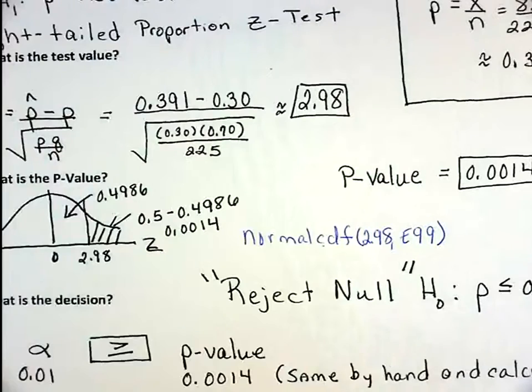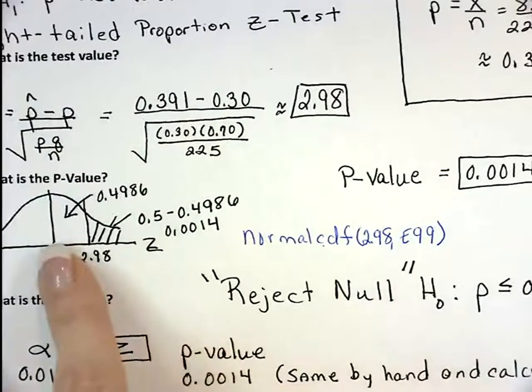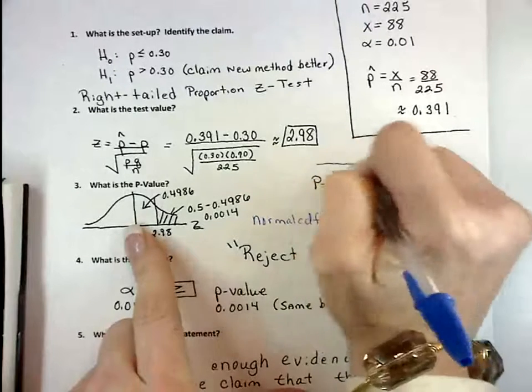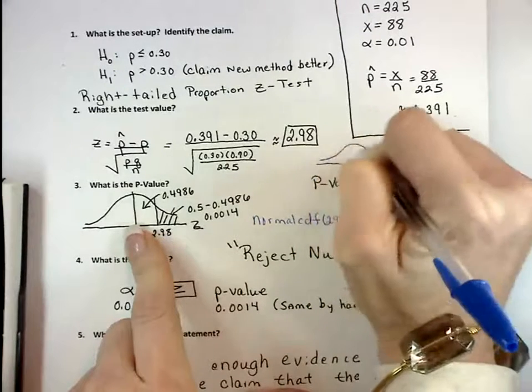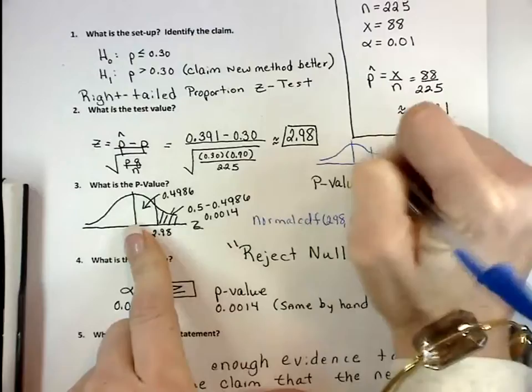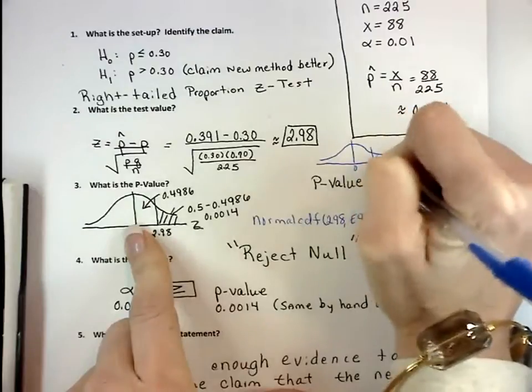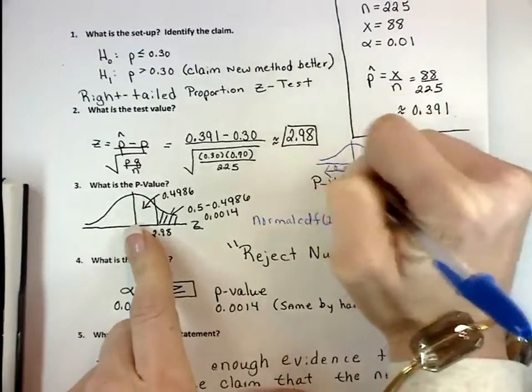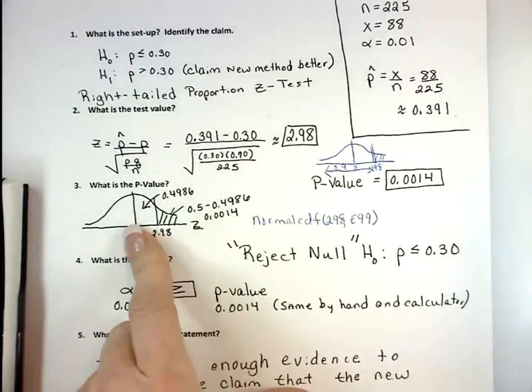And so the picture that I would draw would be a slightly different picture, and I'll try to draw that here. Using the 2-page z-table, here's your 2.98. The area below it is 0.9986.